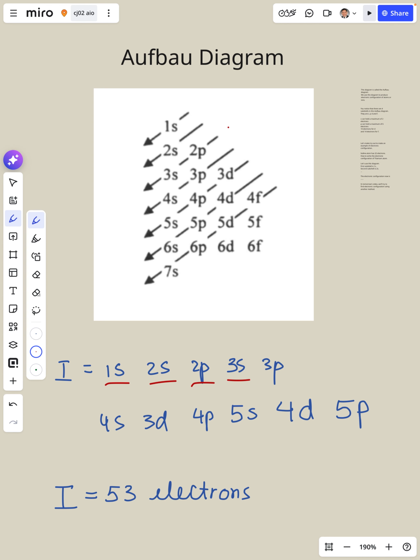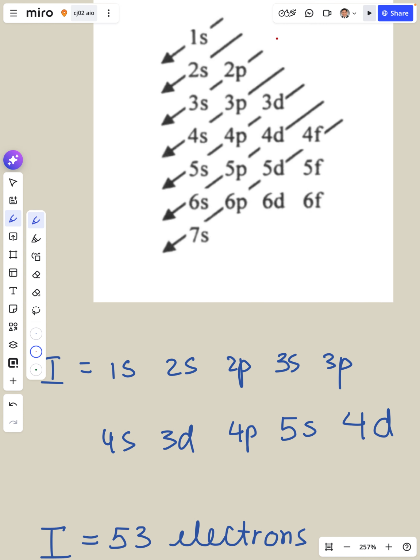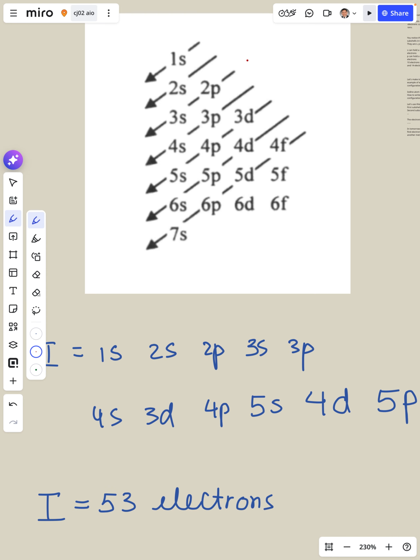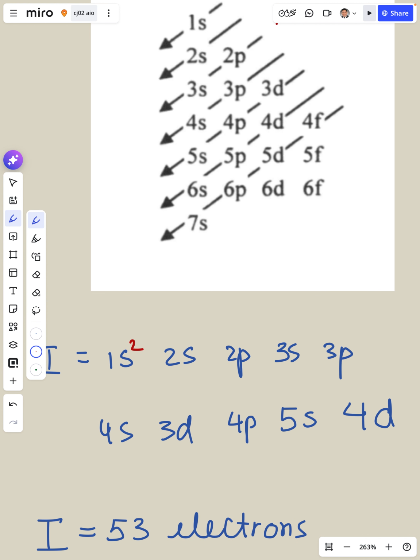After 3s is 3p, and so on. Then what we do, we assign electrons inside them. So remember, S can take 2 electrons, and P is 6, so we put it here.